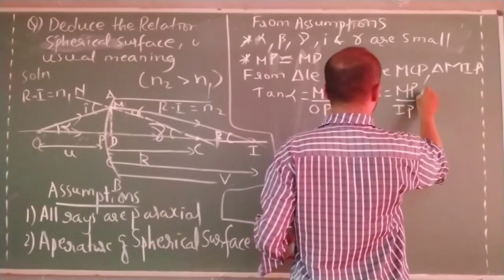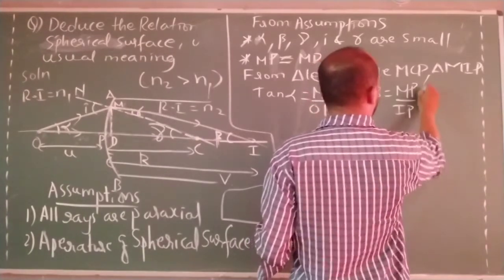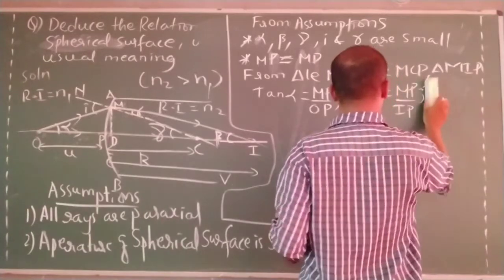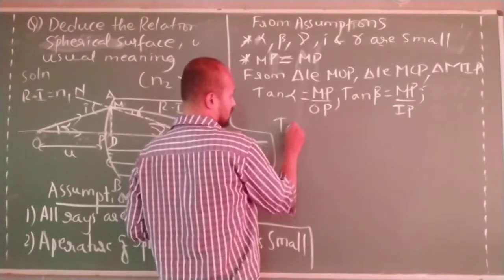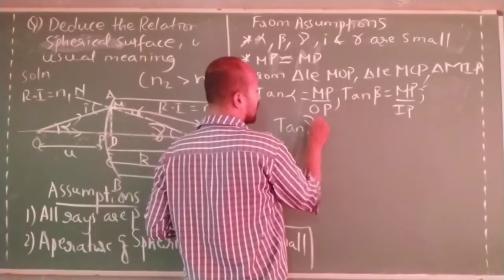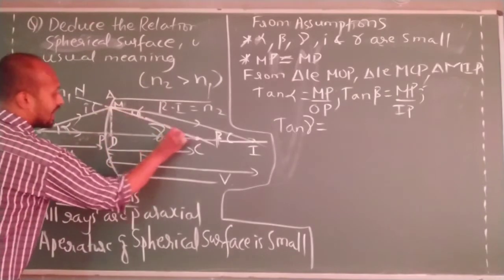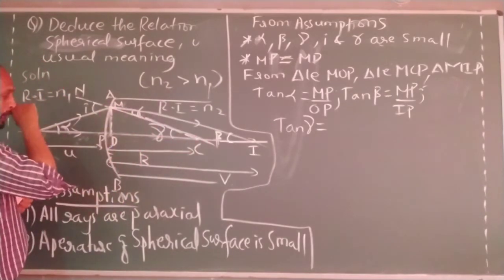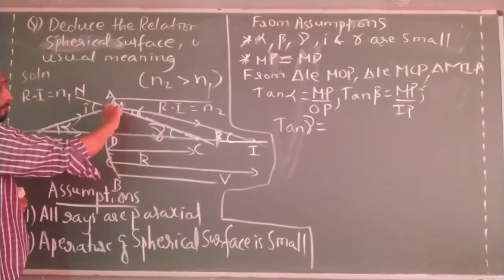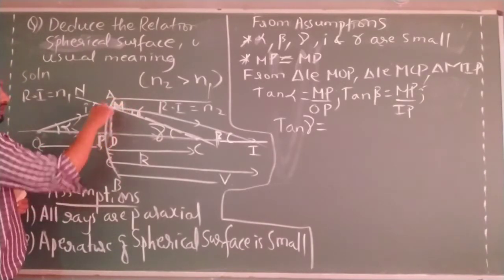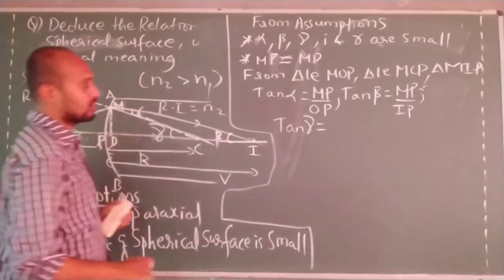And tan gamma will be equal to, look at this triangle, this is M, this is P, MP divided by CP.